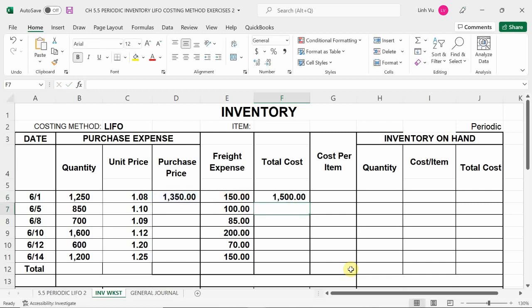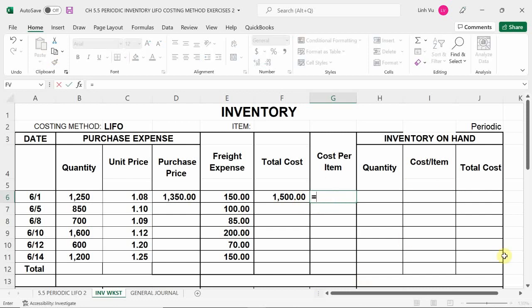1,500. Yep, good. Okay, so then how do I solve for my cost per item since I'm using LIFO? You need a total cost divided by quantity. Good.